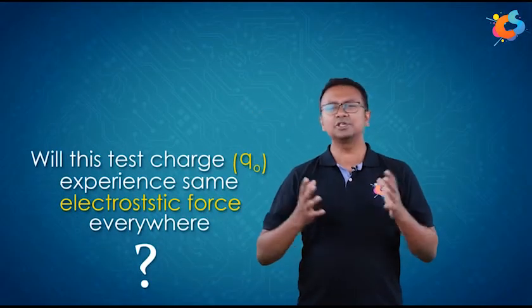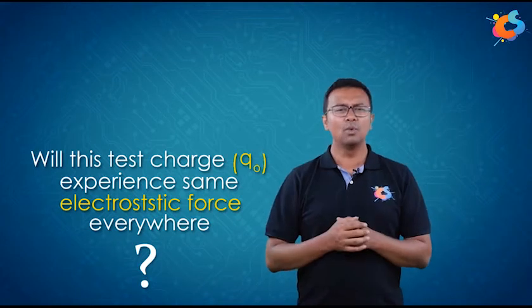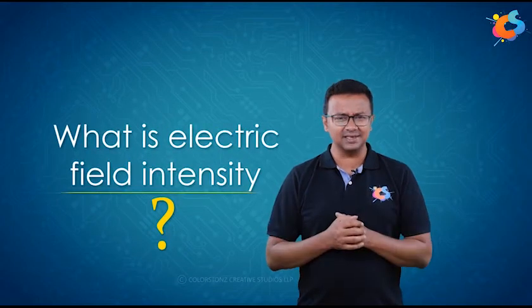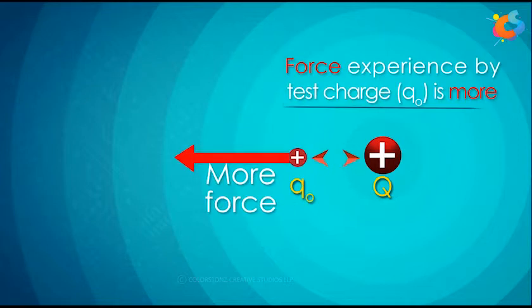Now the question is, will the test charge experience the same force everywhere? Well, no. It totally depends on the electric field intensity. Now, what is electric field intensity? Let us understand it. Let me place the test charge here. It will experience a greater force.